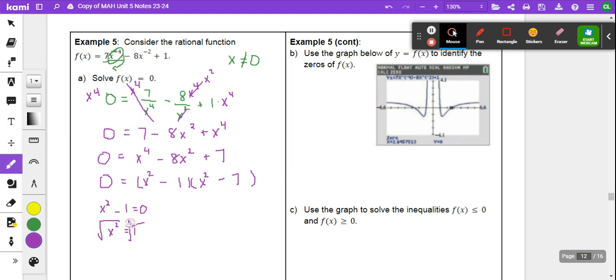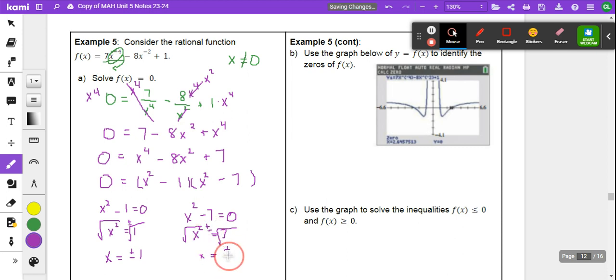Just remember that when you put the square root, you have to remember plus or minus. So let's add 7 to both sides. And then we're going to square root and plus or minus.